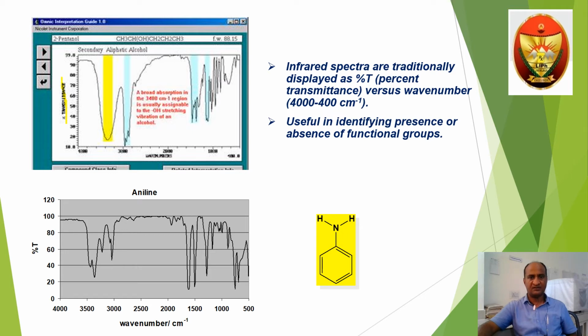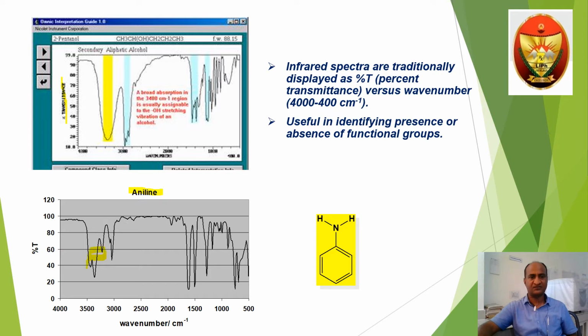Here is an example of the spectrum of the compound aniline. In aniline we have an NH2 functionality. The NH2 functional group has two types of stretching, symmetrical and asymmetrical. Two peaks you can see in the spectra.